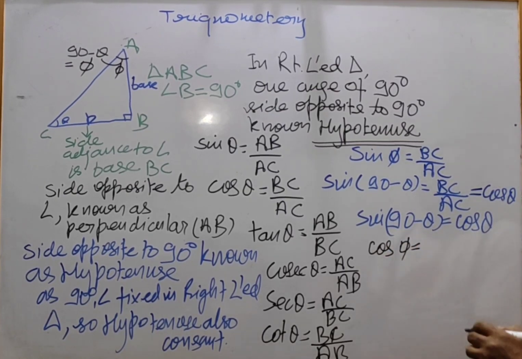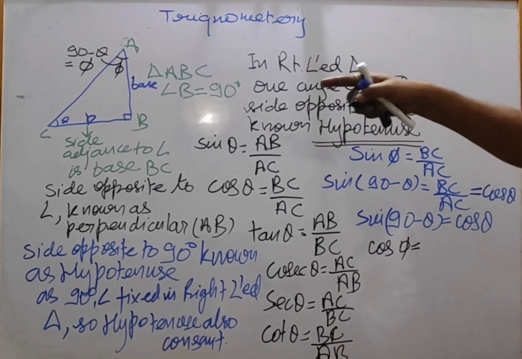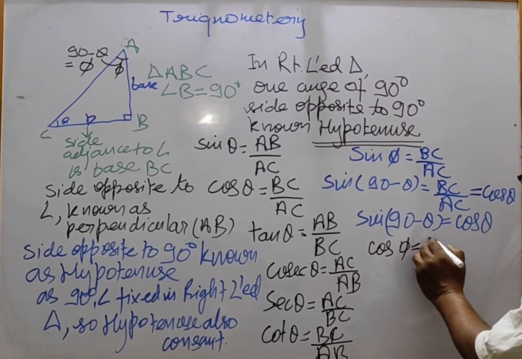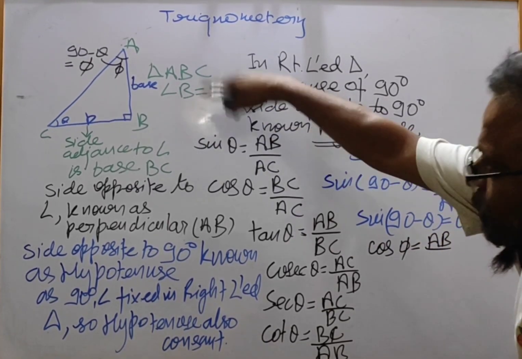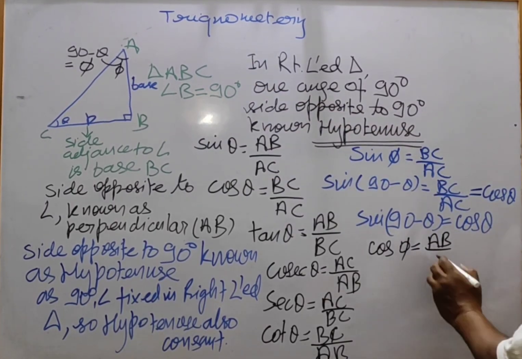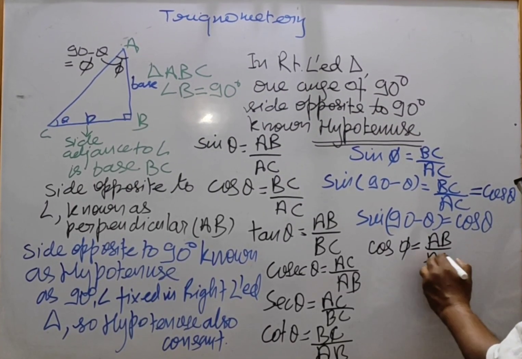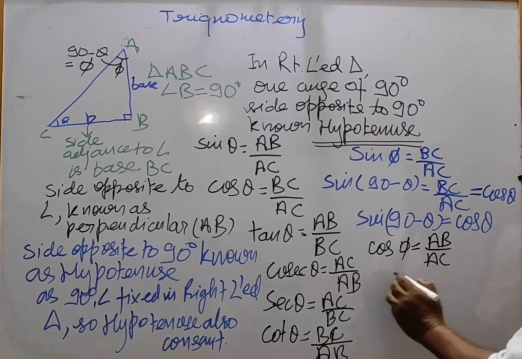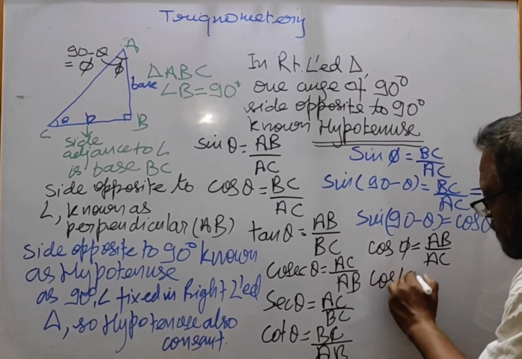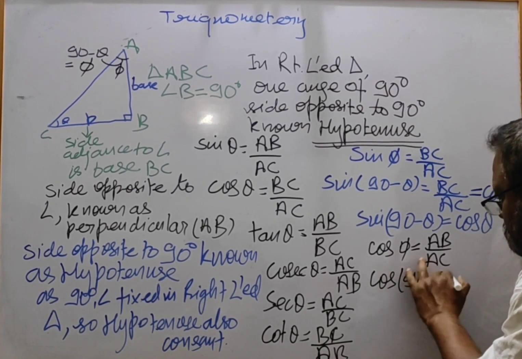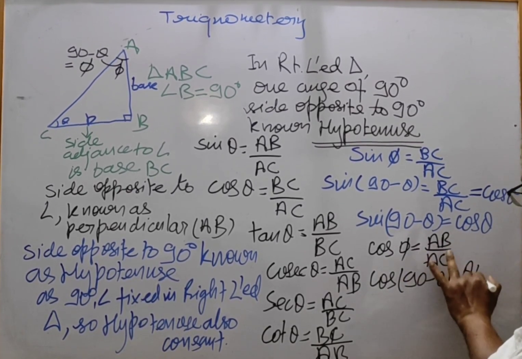Now similarly, if I write cos phi, cos phi means base. It means AB. Phi के लिए this is base. So AB upon AC. Right, and cos phi is known as cos 90 minus theta is equal to AB upon AC.